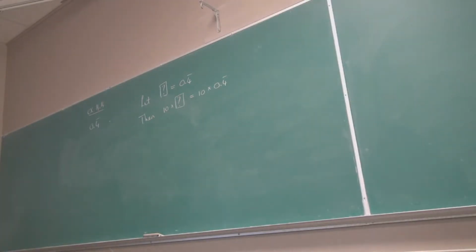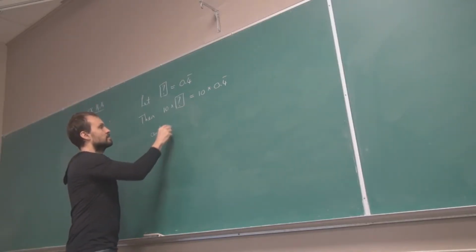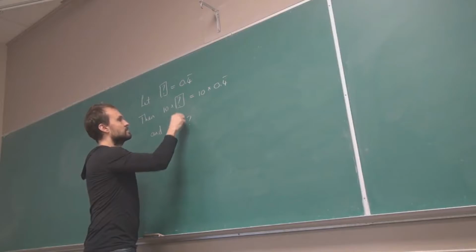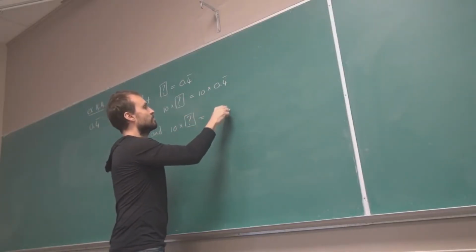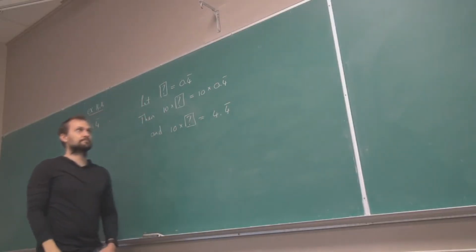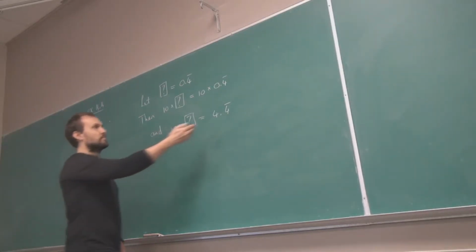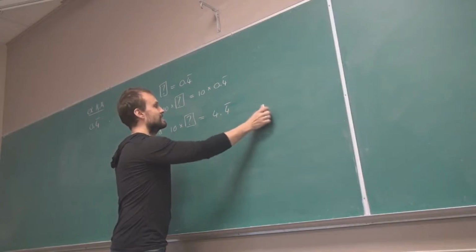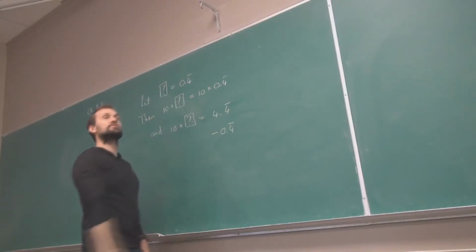But because I can see the right-hand side version of the number, I can write that in a slightly simpler way as 4.4 repeating, because multiplying by 10 moves the decimal to the right one space. Now I still have a repeating decimal here that I don't like. So what I'm going to do is take away the decimal portion of it.